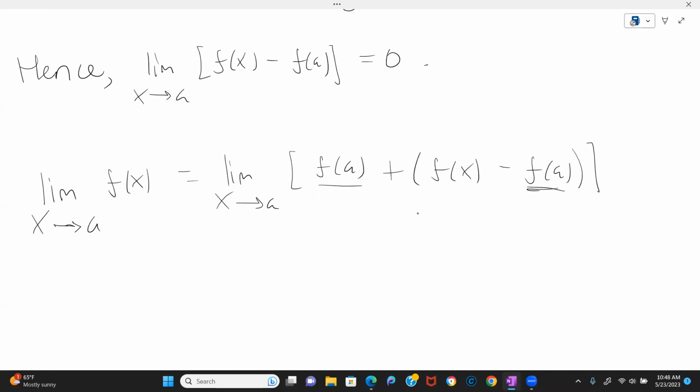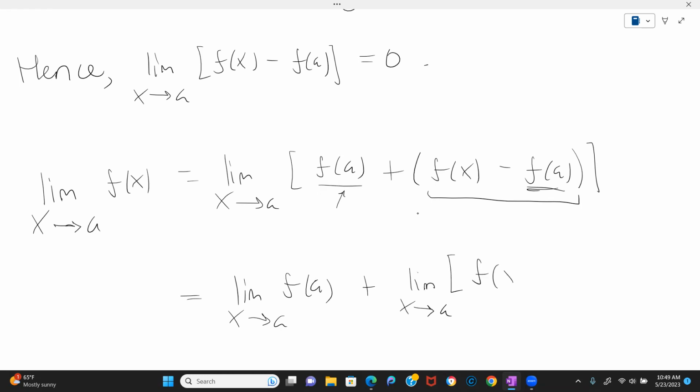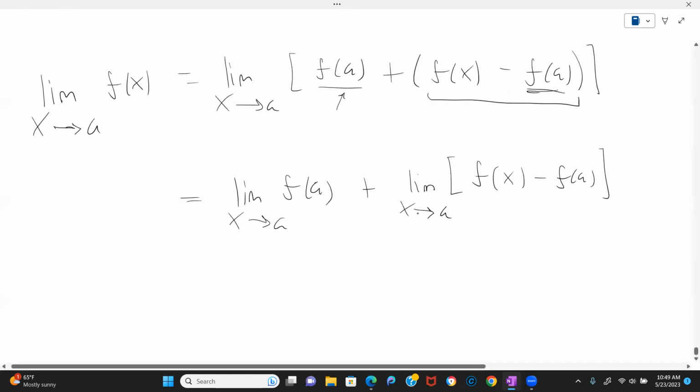Now, f of a is a constant. We just determined that the limit of f of x minus f of a as x goes to a is 0, so I can distribute the limit in this way. I take the limit of f of a as x goes to a, which is just a constant, and then the limit of f of x minus f of a as x goes to a. The first thing is just a constant, so it's equal to f of a.